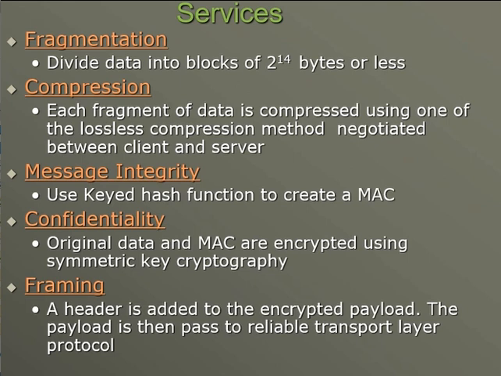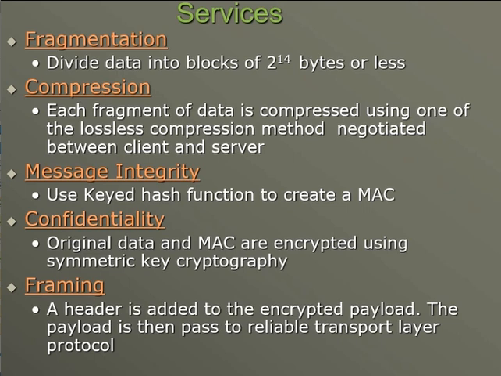Next are the different services provided by the Secure Socket Layer. Basically SSL provides several services on the data received from the application layer. The first one is fragmentation. First SSL divides the data into blocks of 2^14 bytes or less.